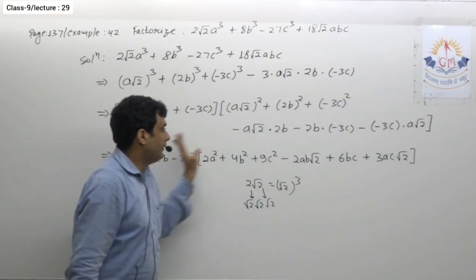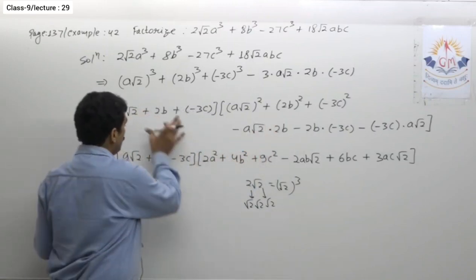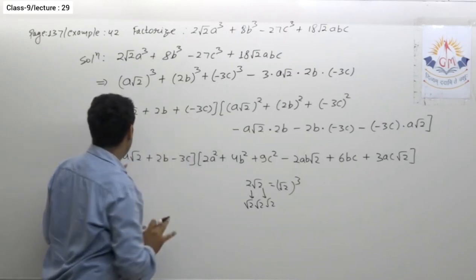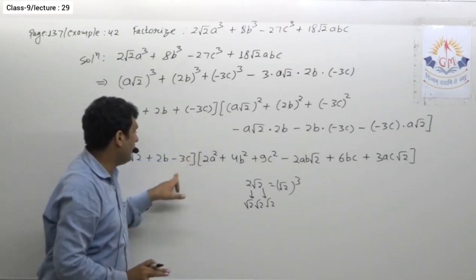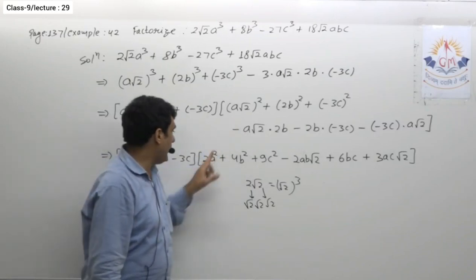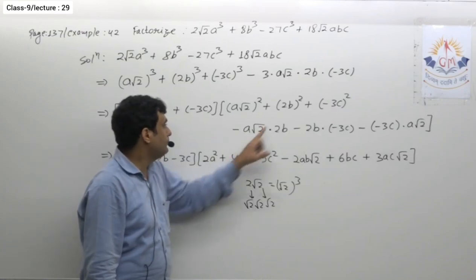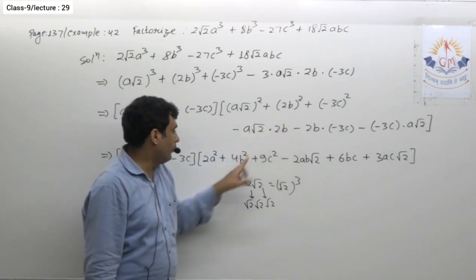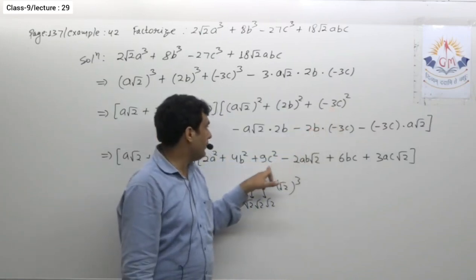So that gets over. Now we just have to write the terms in their simplified form. So a root 2 as it is, 2b as it is, so plus minus minus, so minus 3c. Here a square is a square and root 2 square is 2, so 2a square, 2b whole square is 4b square, minus 3c whole square is 9c square.